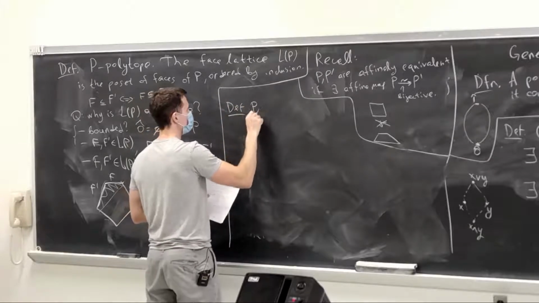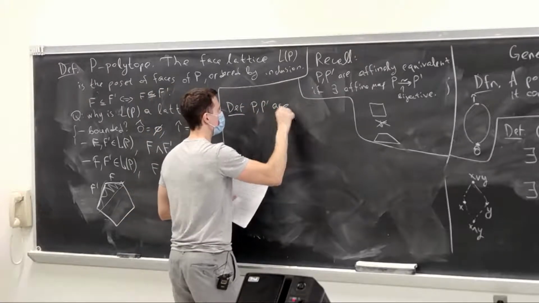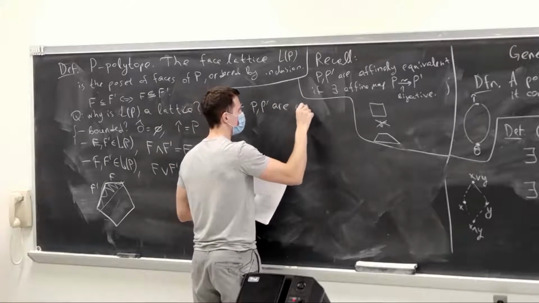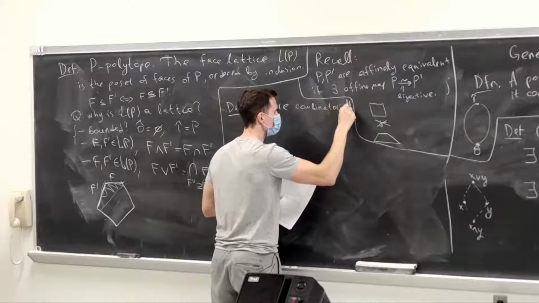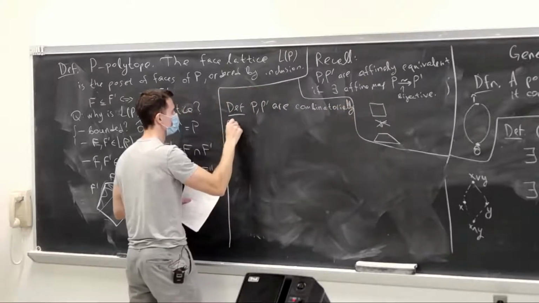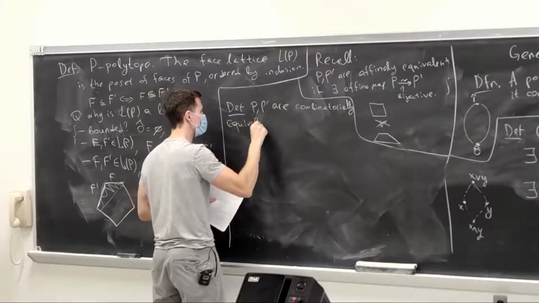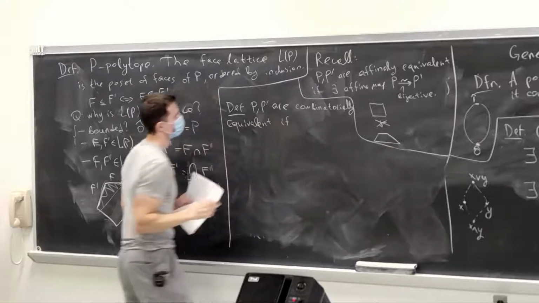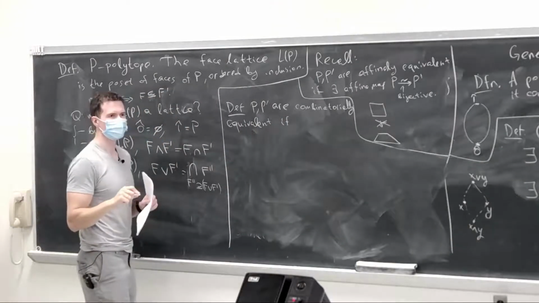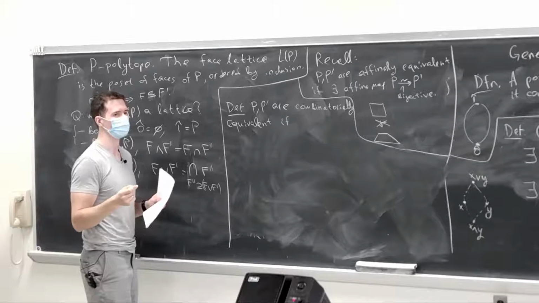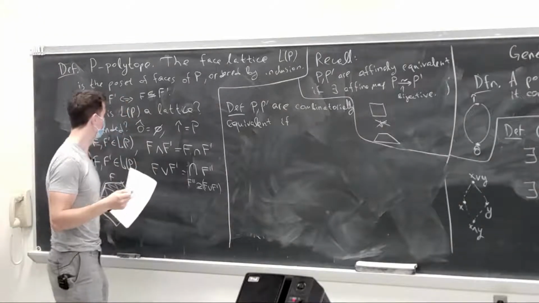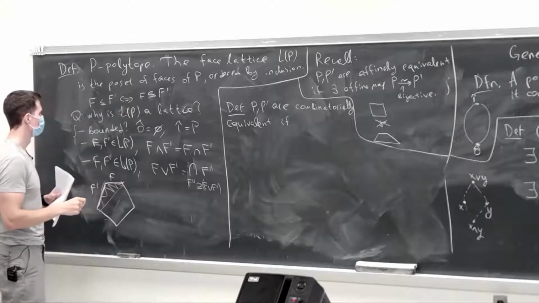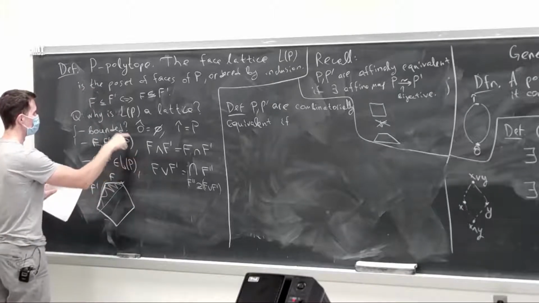So two polytopes P and P prime are combinatorially equivalent if their face lattices are isomorphic as posets. Wait, an infinite chain is itself a lattice, why would it not be a lattice? Oh, you're saying these two do not imply bounded.